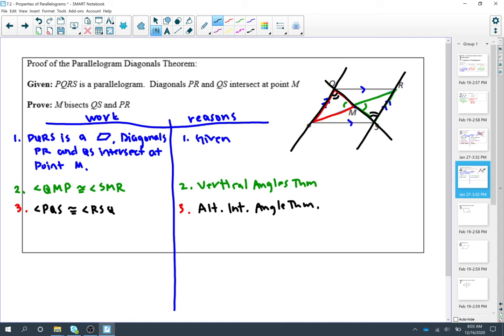Well, if I'm looking at the red triangle and the green triangle, the side I'm going to use is this one and this one. So step 4, I'm going to say that PQ, the side, is congruent to RS, the side. And notice the difference.